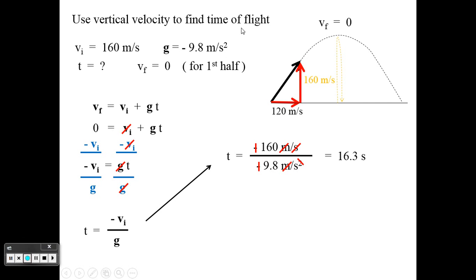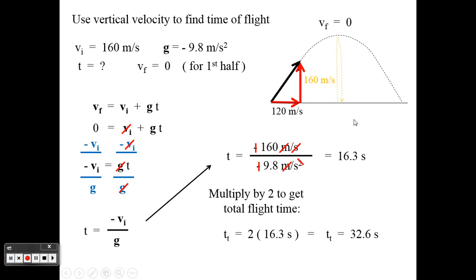Now remember, we want the time of flight, the time that it takes up and down, so we need to double this 16.3 seconds to get the total flight time. When I do that, I get 32.6 seconds. So that's how long it was in the air.